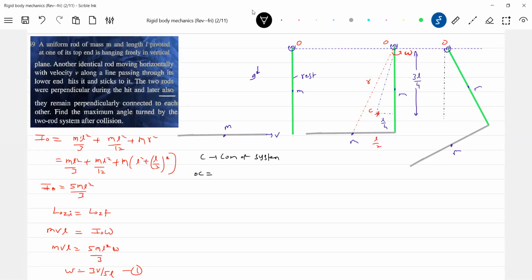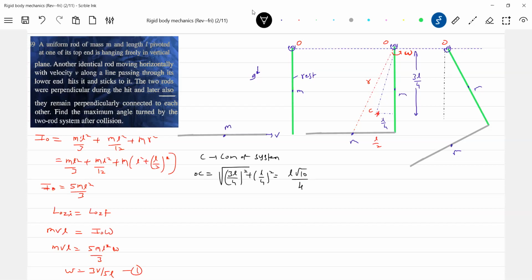So OC is equal to root 10 by 4. There's a distance OC equal to this much here.